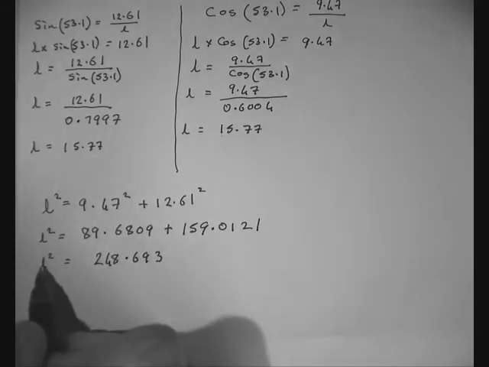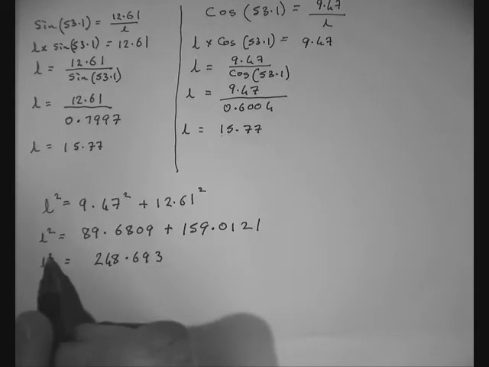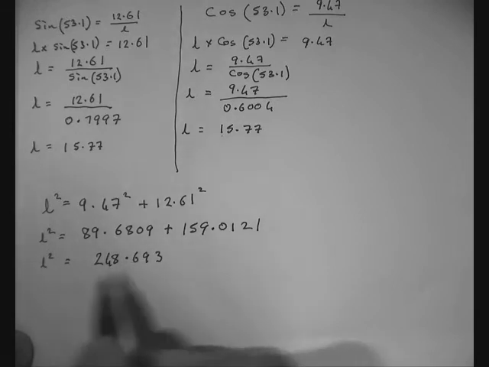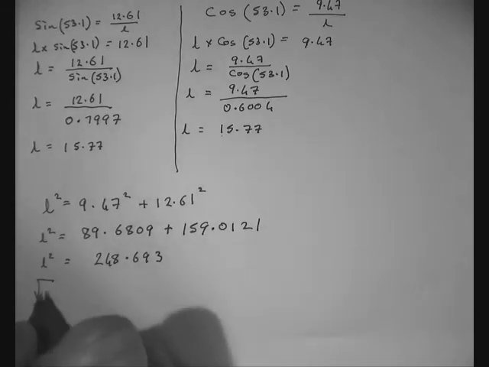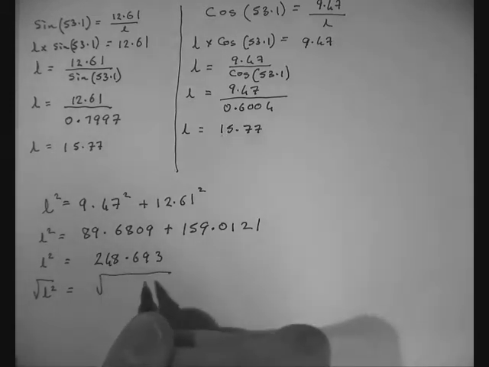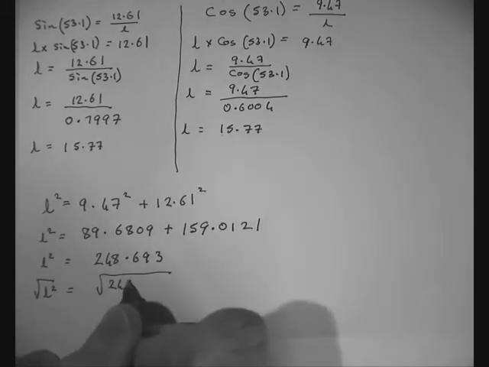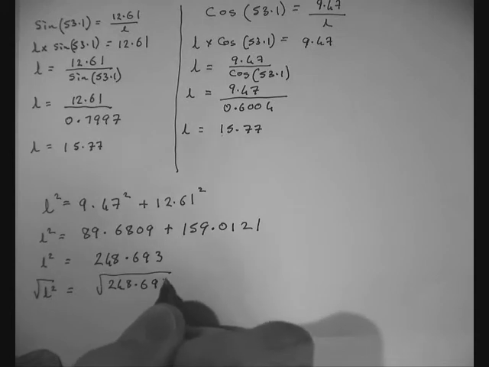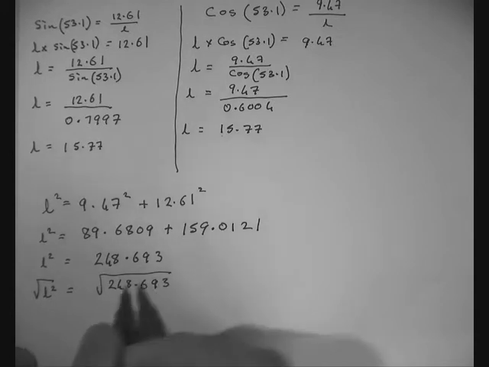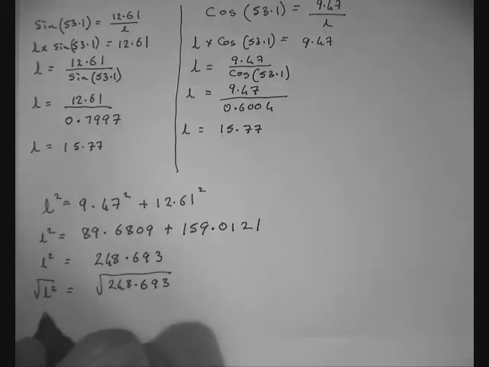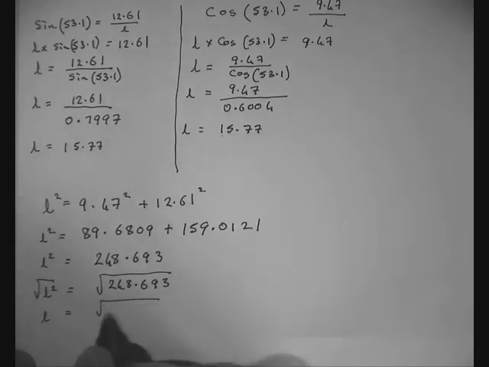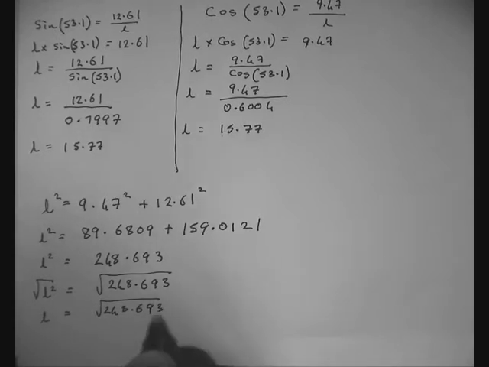We want to find L, but this is L squared. We can get rid of the squared by taking the square root. It's an equation, so we have to take it from each side. So the square root of L squared equals the square root of 248.693. The square root of L squared is equal to L. So L is equal to the square root of 248.693.